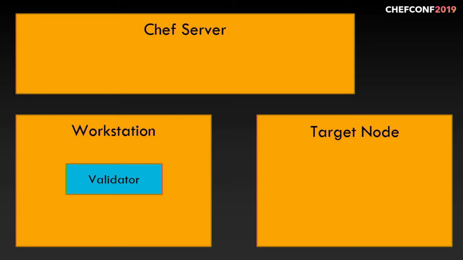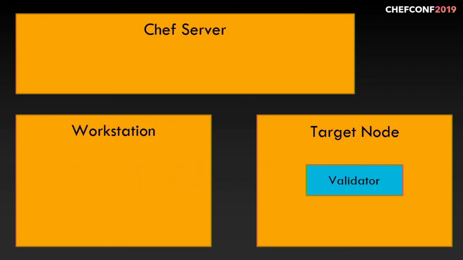Okay, so let's go through a simplified illustration of how the two different client creation flows work. First, let's go through a validator bootstrap. We transfer that validator to the target node. And by the way, there's a ton of more stuff going on. This is just about the client key itself.